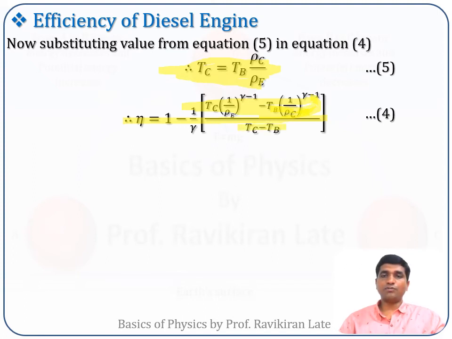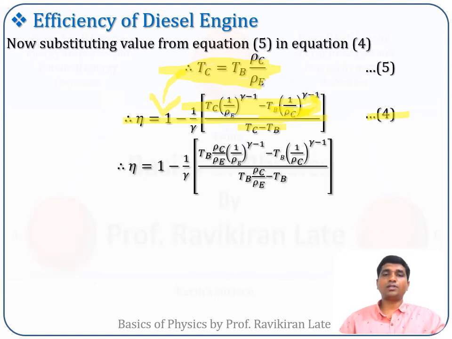Now substituting equation 5 in equation 4, instead of Tc we write Tb into rho c by rho e. In the first term we write Tb into rho c by rho e. In the second term, Tb as it is, into 1 upon rho c to the power gamma minus 1, as it is. In the denominator, instead of Tc we substitute that value: Tb into rho c by rho e minus Tb as it is.